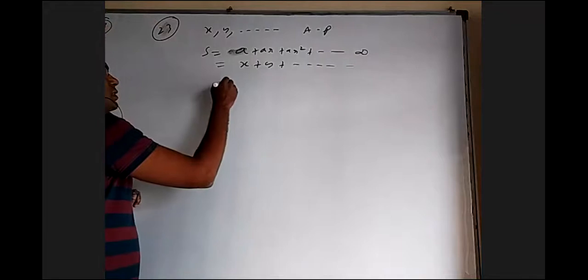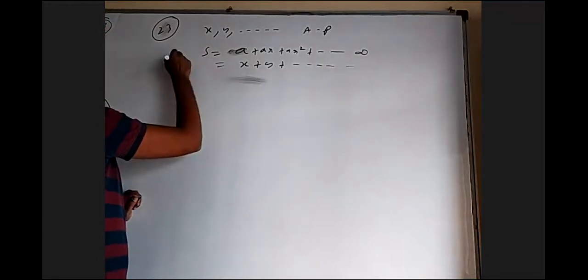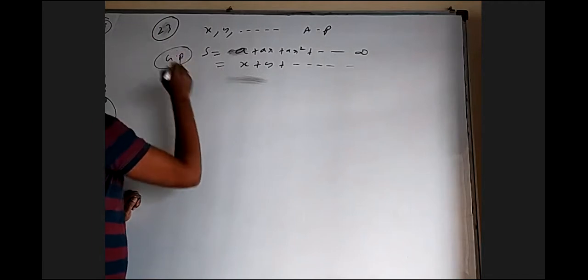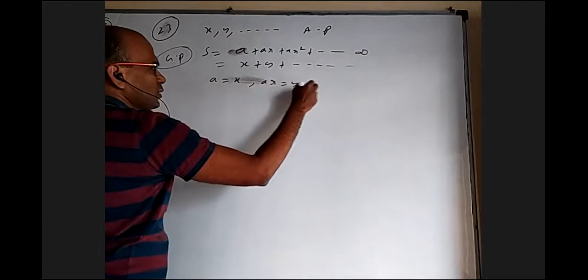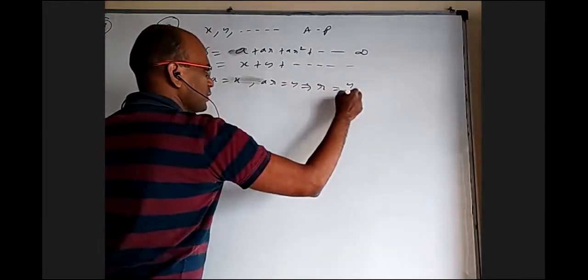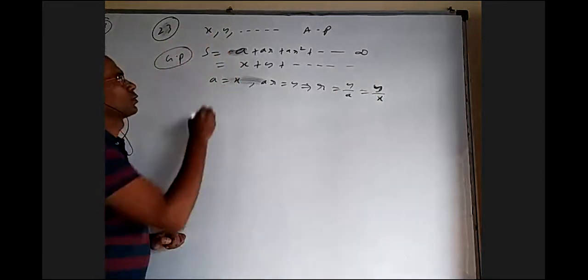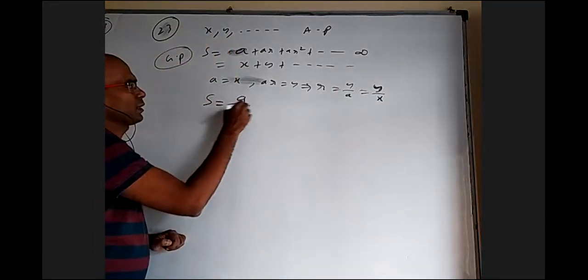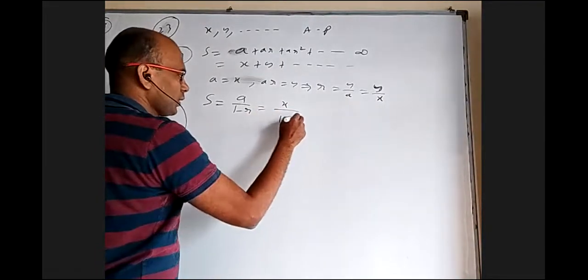So coming to the GP part, a is equal to x, r is y by a, which is y by x. So your S will be a by 1 minus r, x by 1 minus y by x.